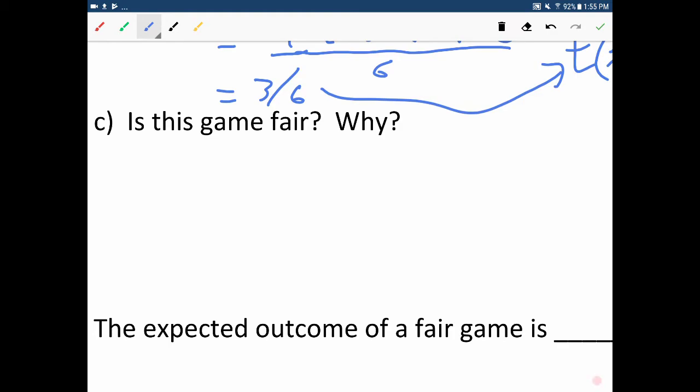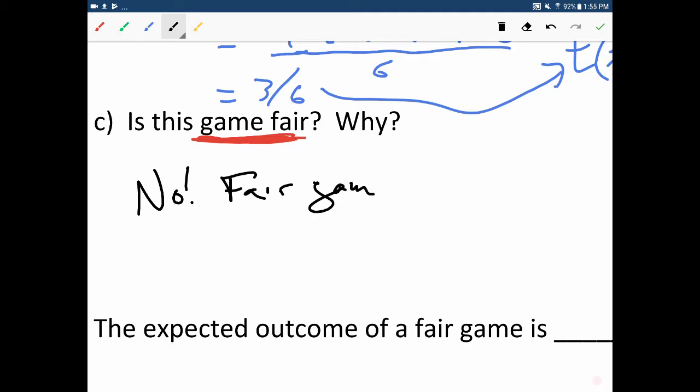Now this is an important question. It comes up on tests all the time. Is it fair? What does it mean for a game to be fair? Well, this game is not fair, because for a fair game, the expected value is 0. We expect, on average, for everything to cancel out, and you're just as likely to come out on top.